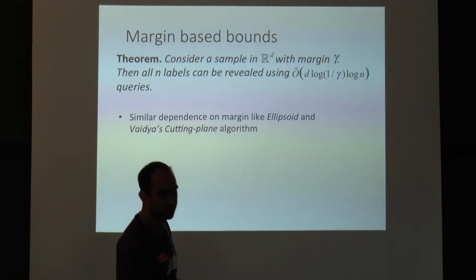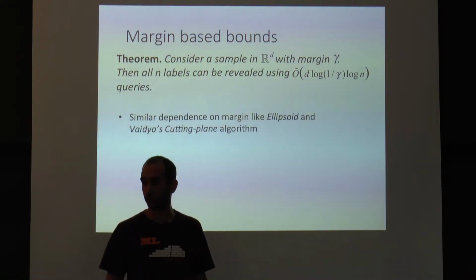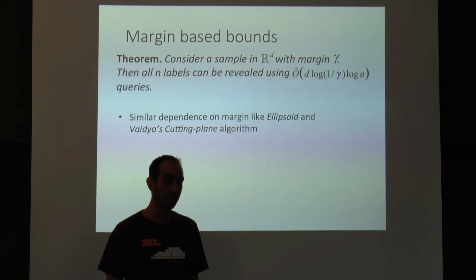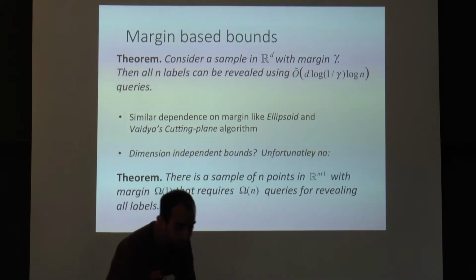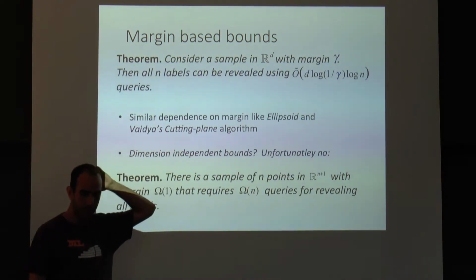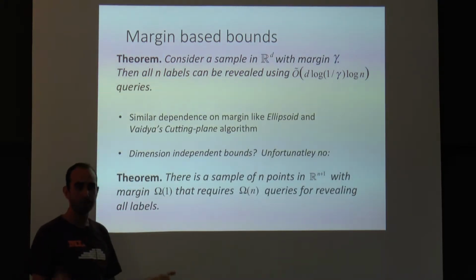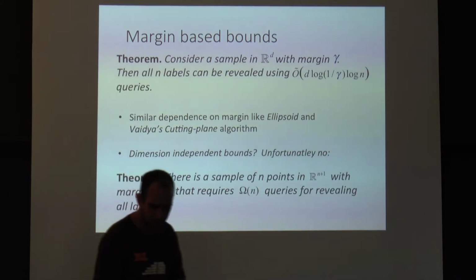Okay, so as I said, one of the main ideas of margin is to get rid of the dimension dependence, and this, unfortunately, we cannot do. So again, there is a sample of n points in R^(n+1), non-constant dimensional space. The margin is 1/2, but still, any active learning algorithm must use an omega of n queries.